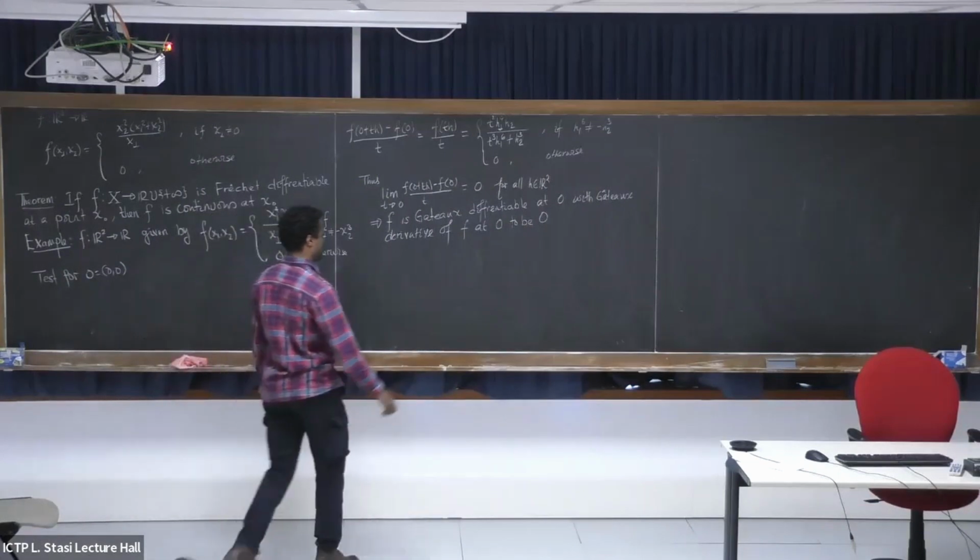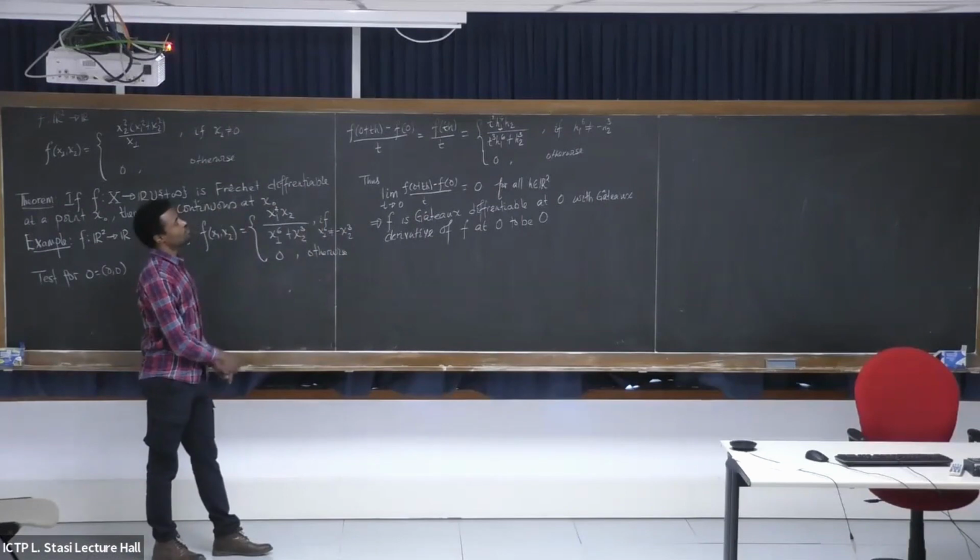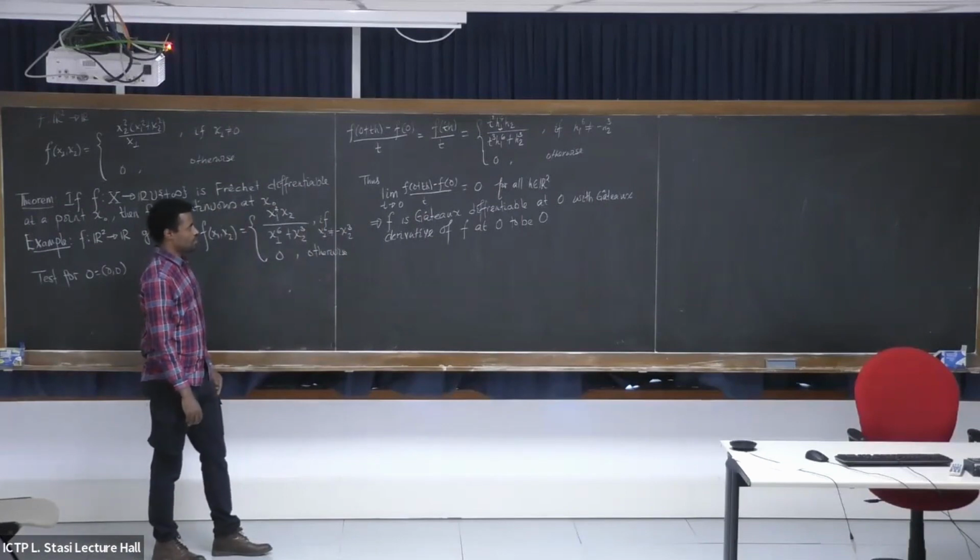That's obvious. They are unique. But how can we show that this fails to be Fenchel differentiable?